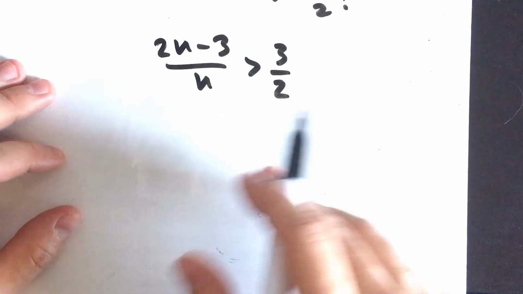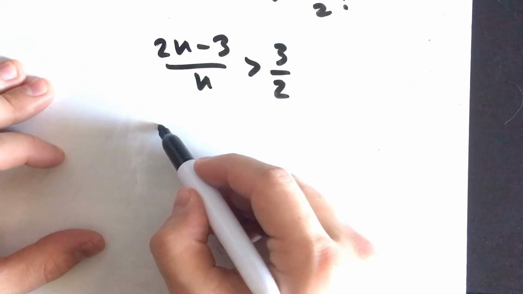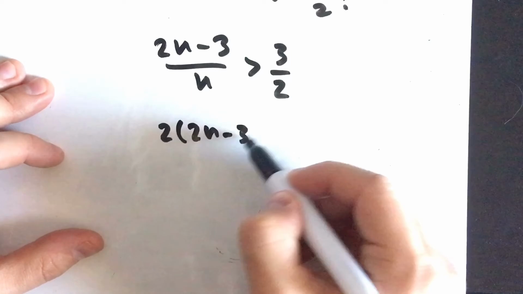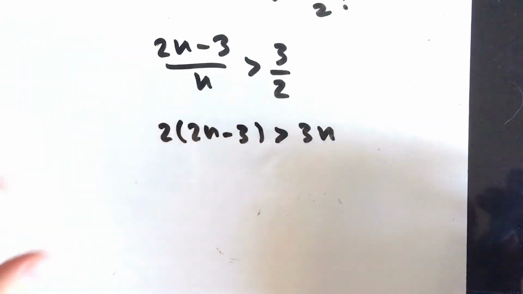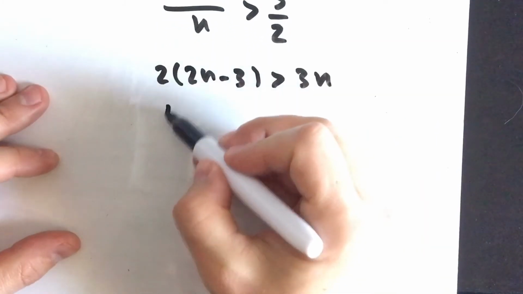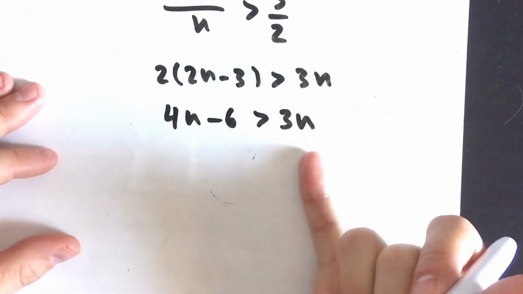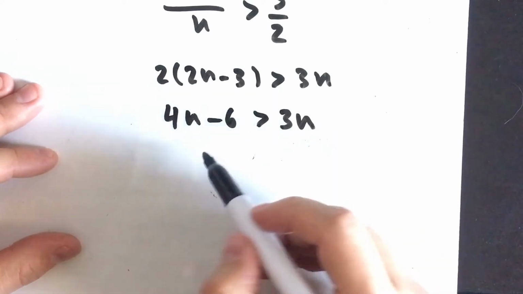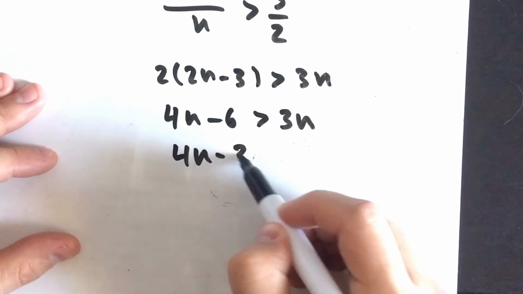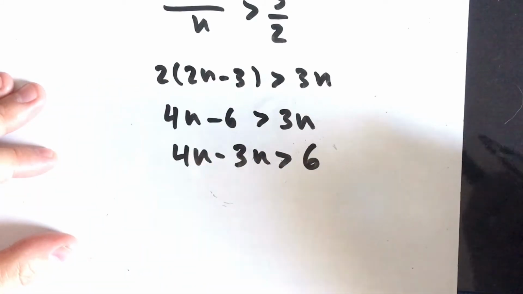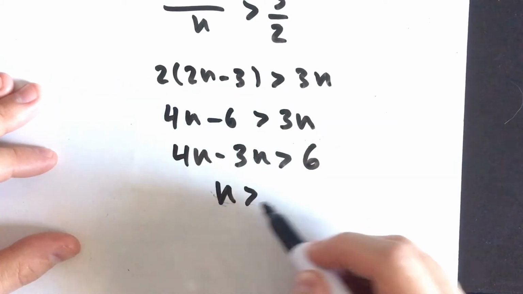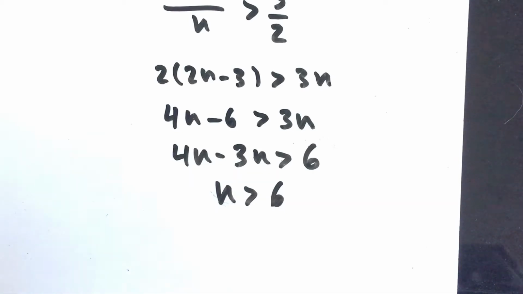And we can do that by first cross multiplying, which simplifies to, now moving this 3n to the left hand side and the 6 over to the right hand side, we'll get n is greater than 6. So since the inequality demands that we choose a natural number greater than 6, let's just choose our capital N to be 7 and move on to the proof.